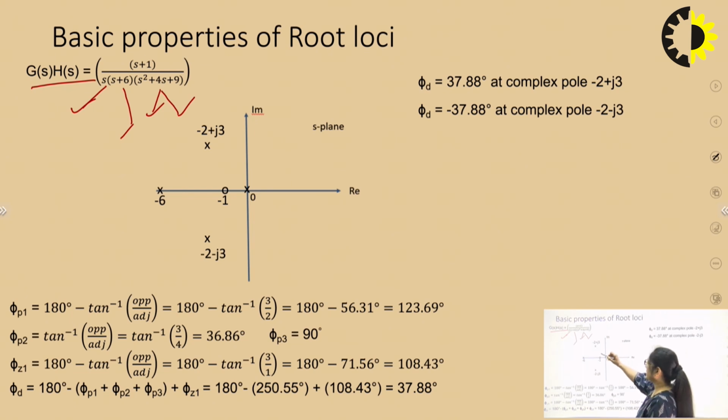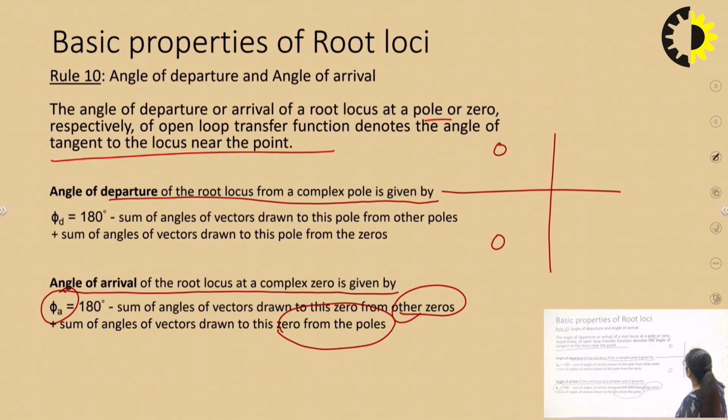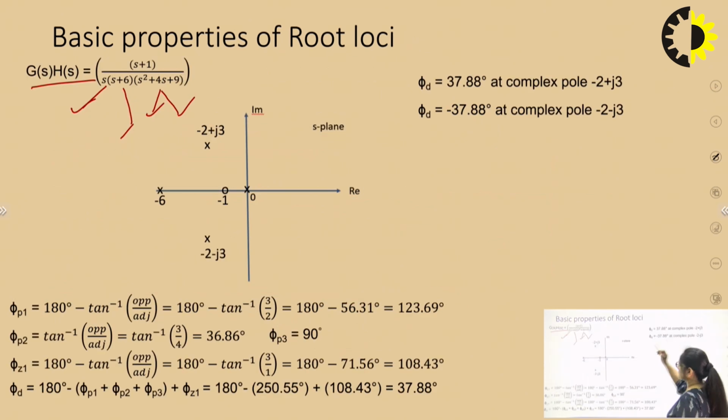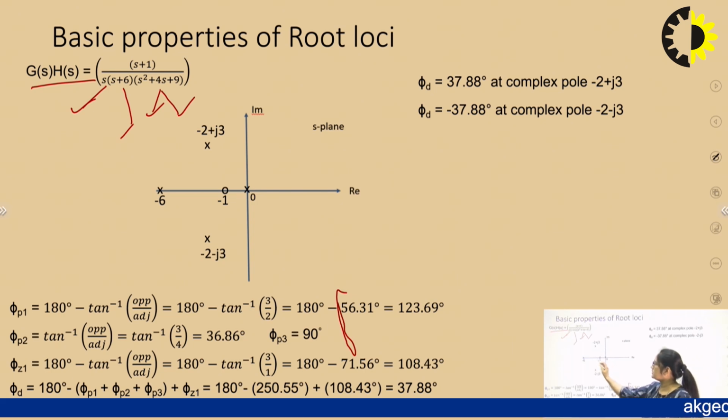So how do we find out that angle of departure? The angle of departure involves the sum of the angles of vectors drawn to this pole from other poles. Let us see what those other poles are. Other than these 2 complex poles, we have one pole here, another pole at minus 6, and a zero at minus 1.